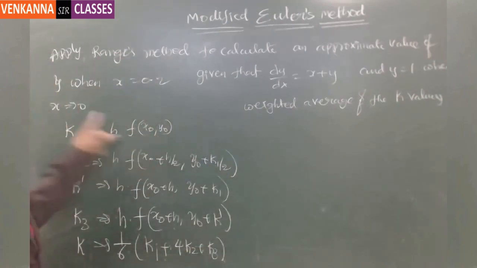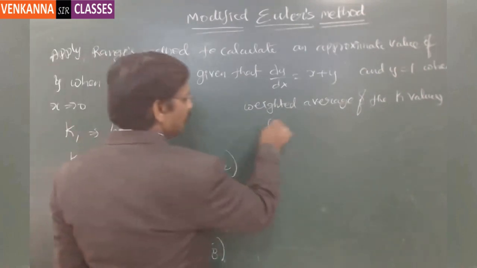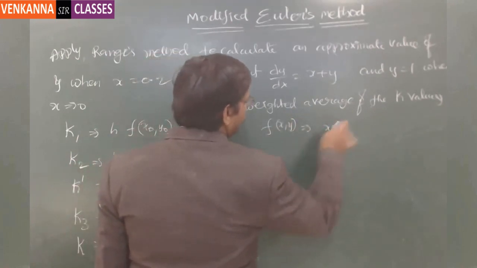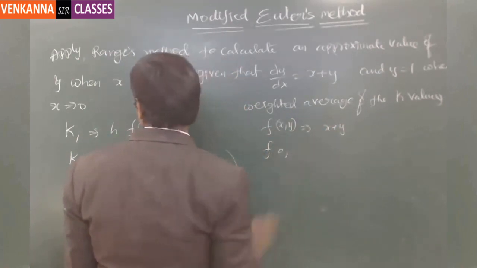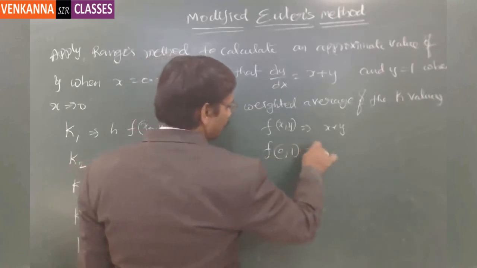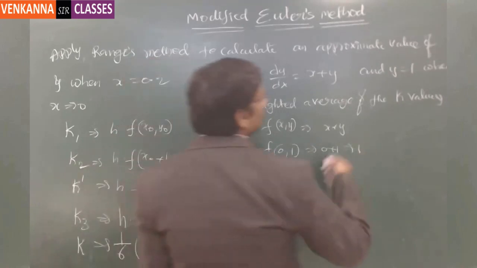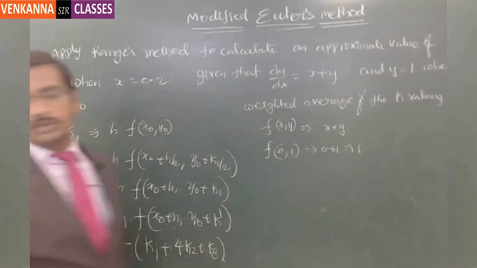Now you can calculate these values. So x naught, y naught are 0 and 1, and f of x comma y is equal to x plus y, so f of 0 comma 1 is 0 plus 1, equal to 1.